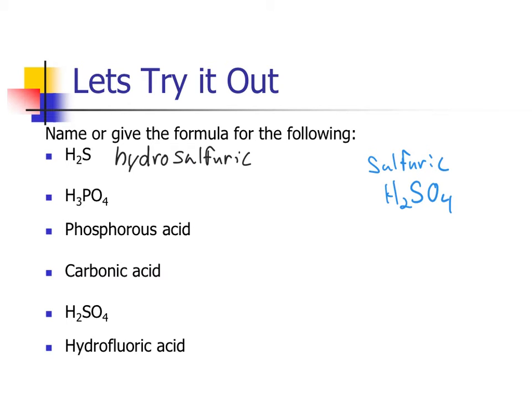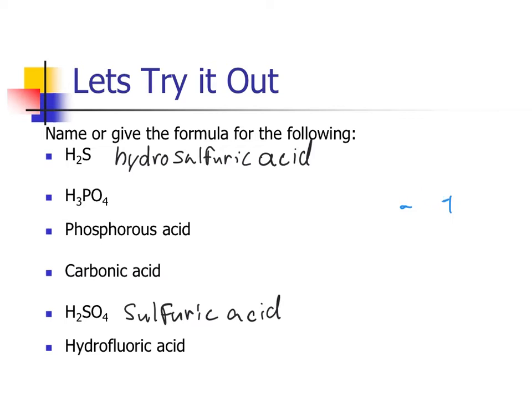Oh, look, there it is. And we do need to have the ending acid as well.